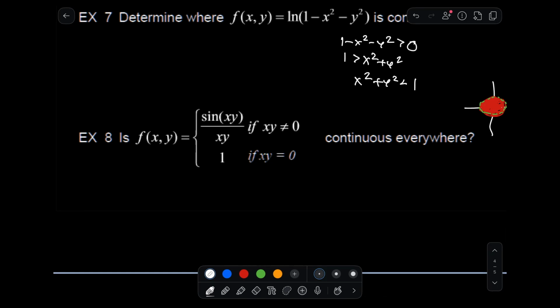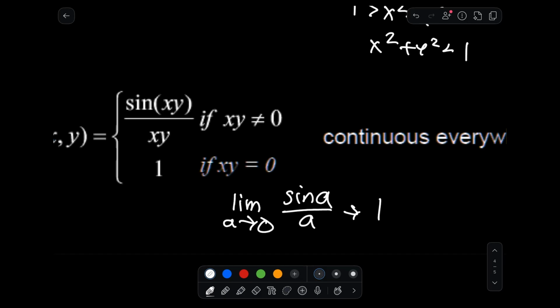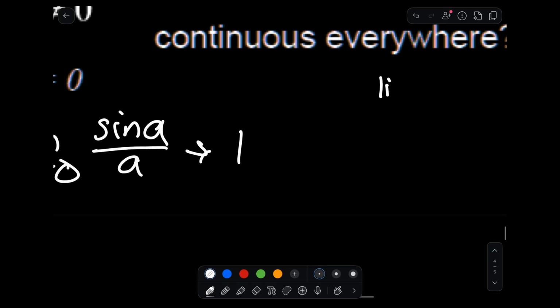It would be that anything of like sine of a over a equals 1, the limit as a approaches 0, right? And for example, x comma y as it approaches 0, that's going to be a case where that's going to equal a, right? So anytime the value is going to be 0 for x or y, if we're doing the multiple paths, right?